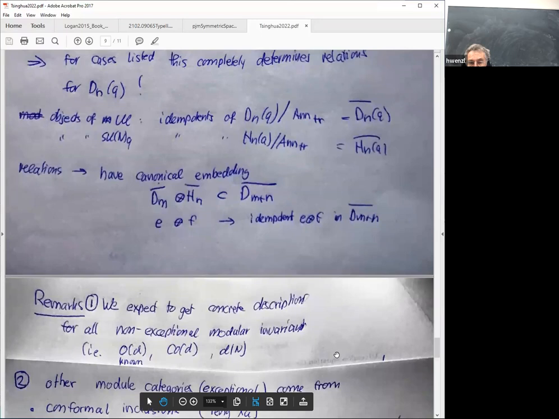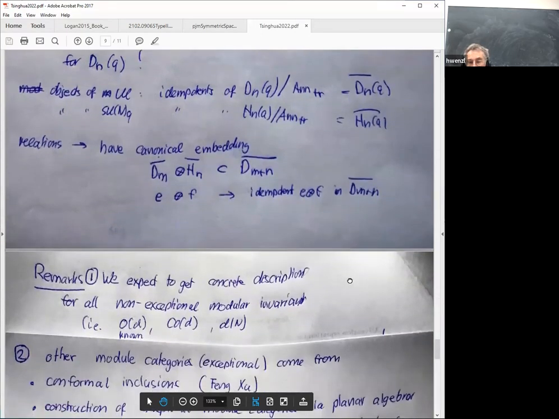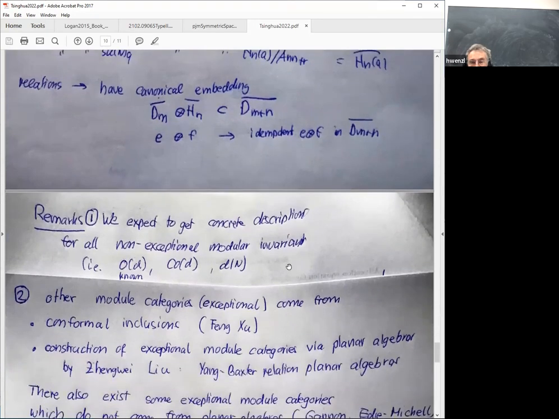All right. So as I already said before, we expect to get concrete descriptions for all non-exceptional modular invariants for SUN, and again they have the form OD, which is the orbifold with respect to D, the COD for any divisor D modulo n.